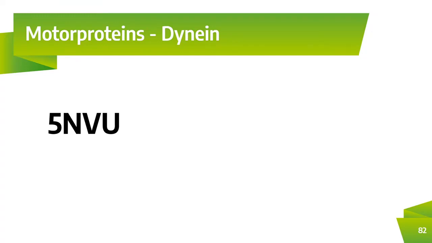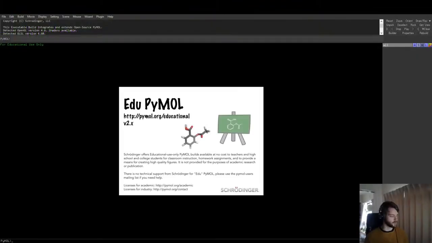Today we're going to use the protein which can be found under the archive number 5NVU. All right, so if we go to PyMol, today we're going to start just with PyMol open.